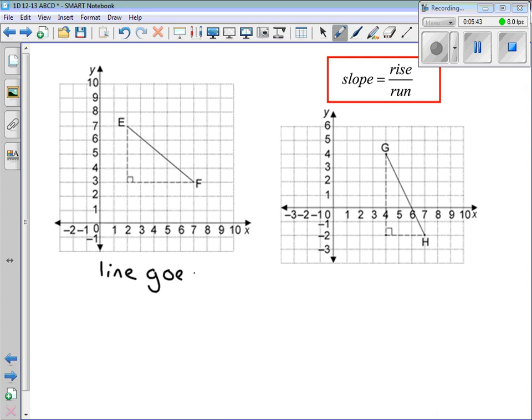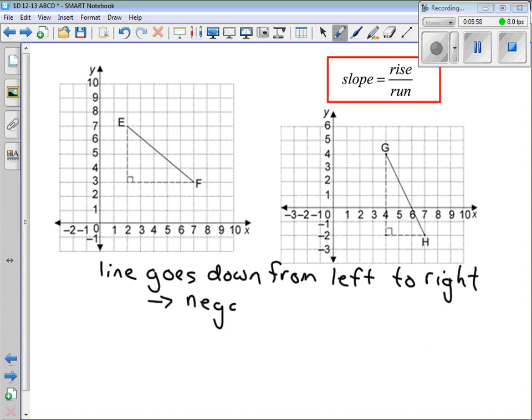Let's see, line goes down from left to right. These ones are going to have negative slopes. Again, we still want to use this formula. Slope is rise over run. So where does this negative come from?